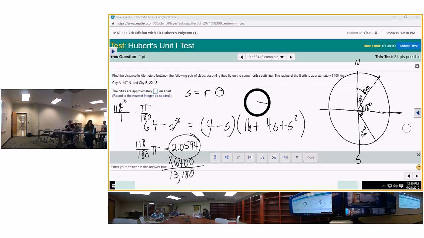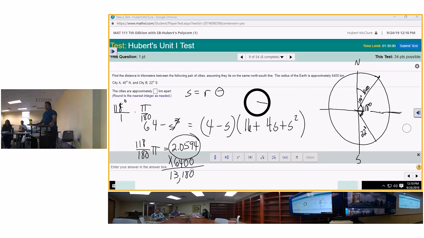I don't like the question because of the way they've worded it, unless you draw a picture. They should say northeast 40 degrees and southeast 22 degrees. That's what they should say.